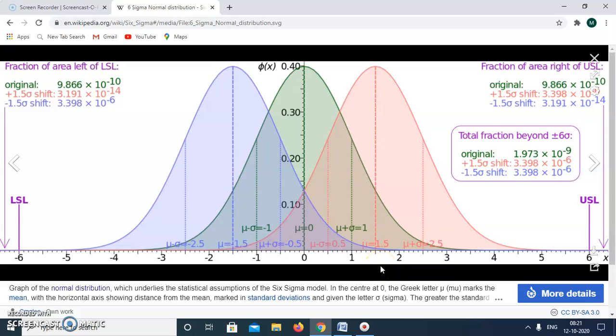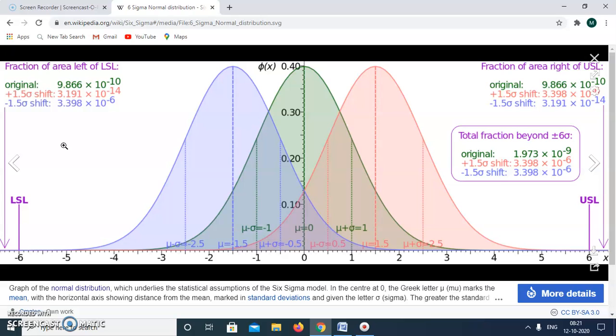We assume with experience that the mean shifts with time towards either the minus side or the plus side, and empirically for calculation of the Six Sigma technique we have taken the value of mean shift to be plus minus 1.5 sigma. So we'll subtract the number 1.5 from 6.